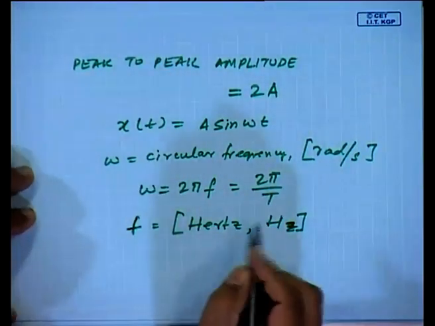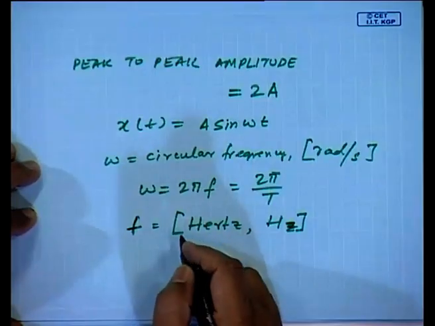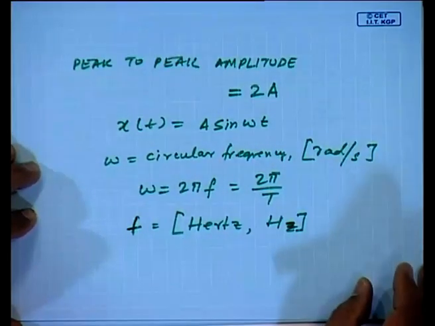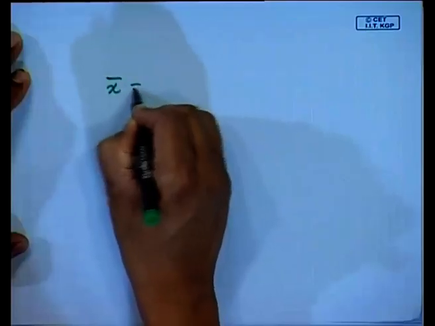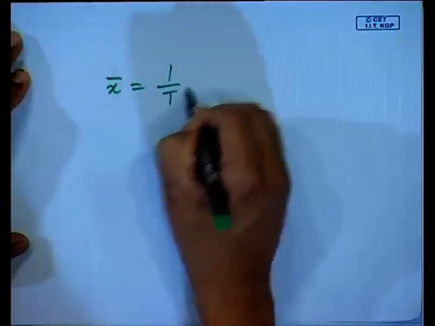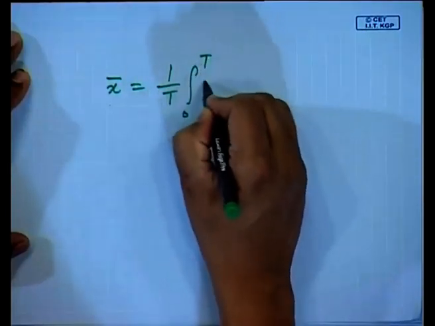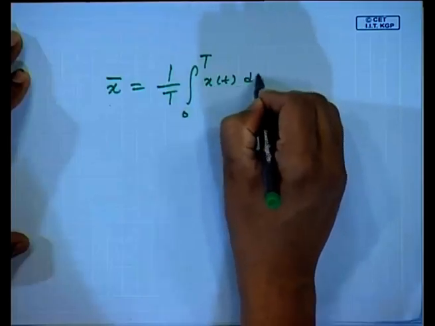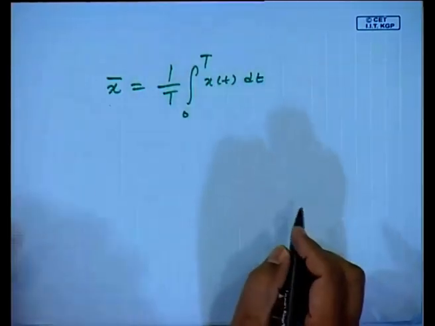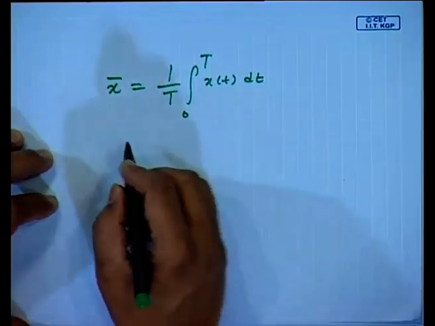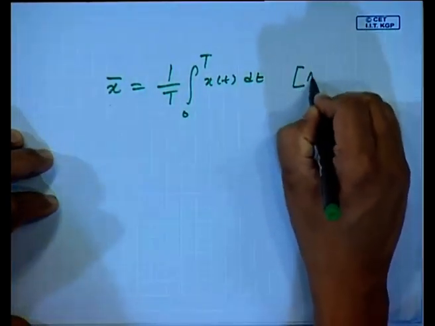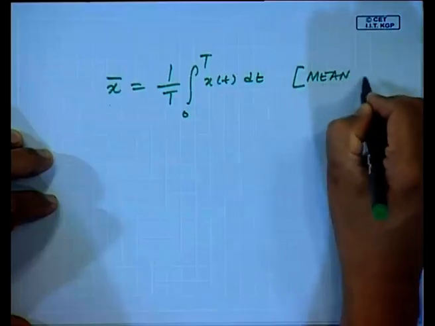Now, if somebody asked you to find out the mean value of this signal, what would you do? Over a time period, the mean value of the signal is nothing but the integral of x(t) dt, divided by the time period.